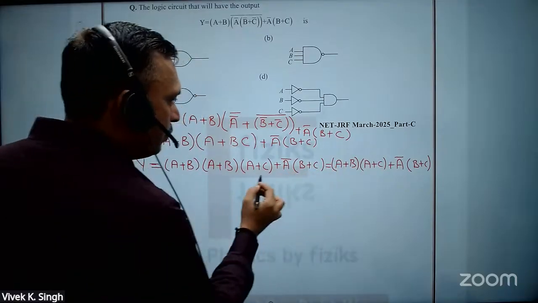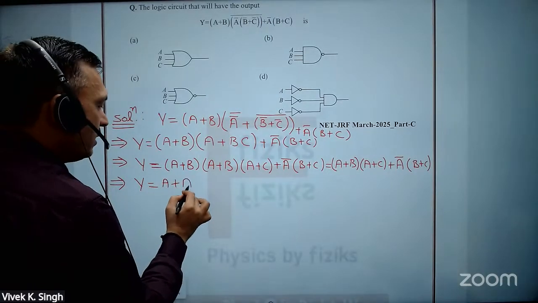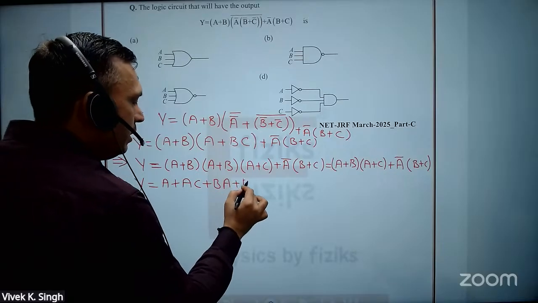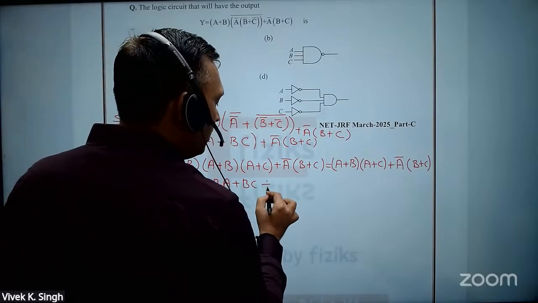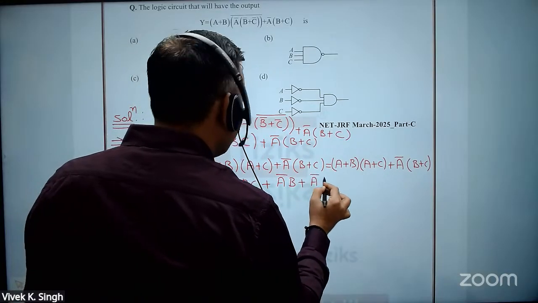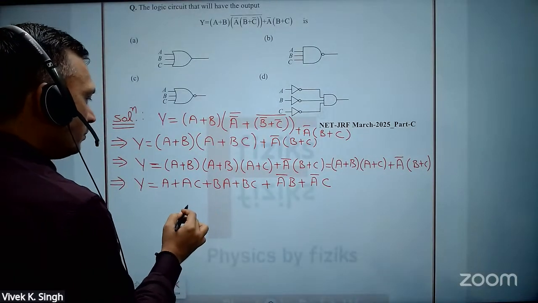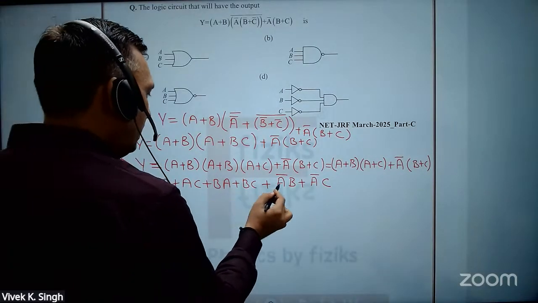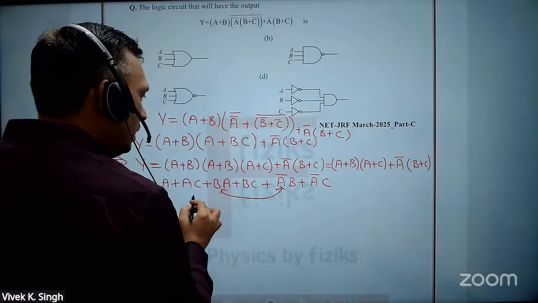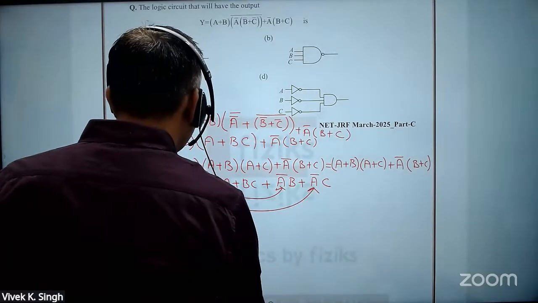So A and A will give you A. Then you have AC, then you have BA, then you have BC, A bar B, A bar C. Is it clear? So let's see, if you take B common from these two terms, and from these two terms you should take C common.